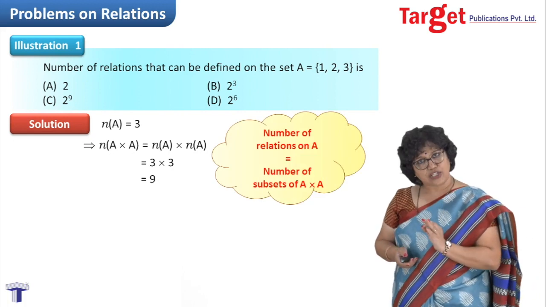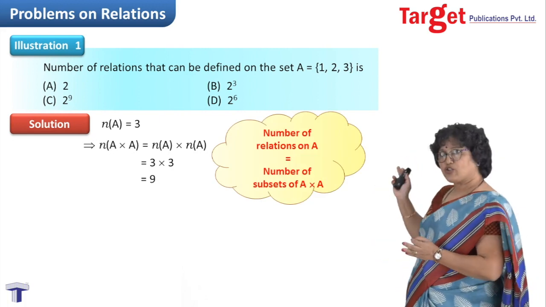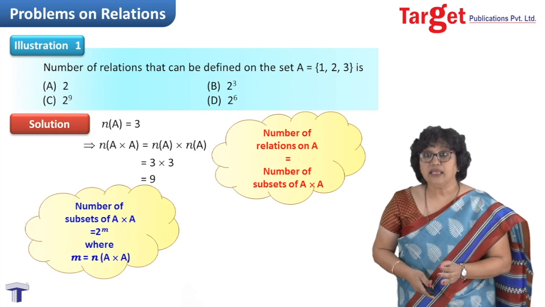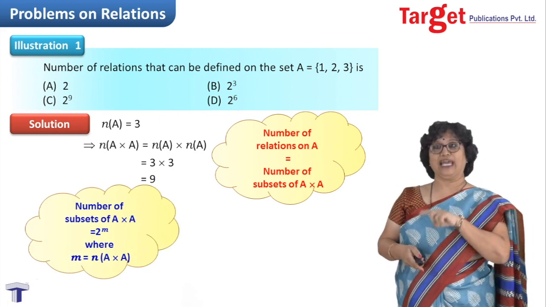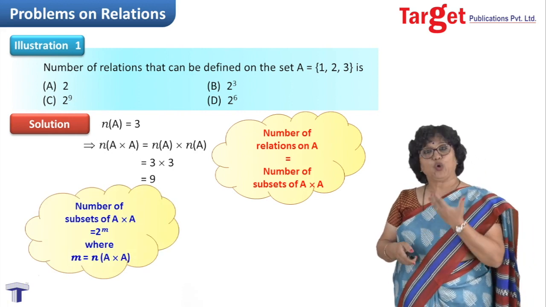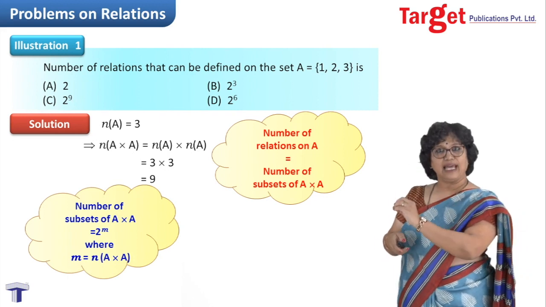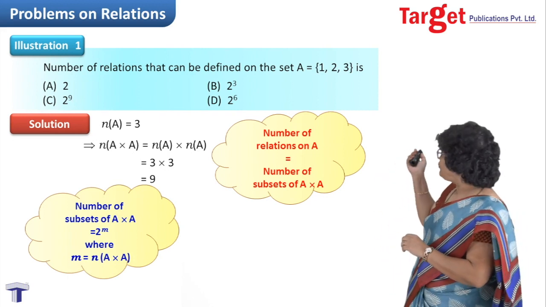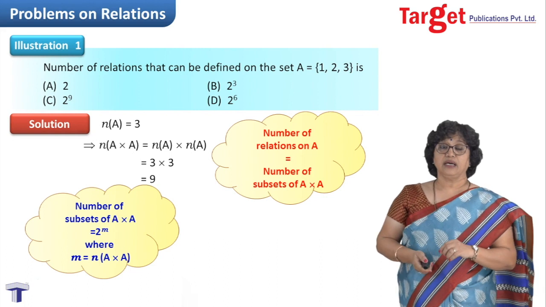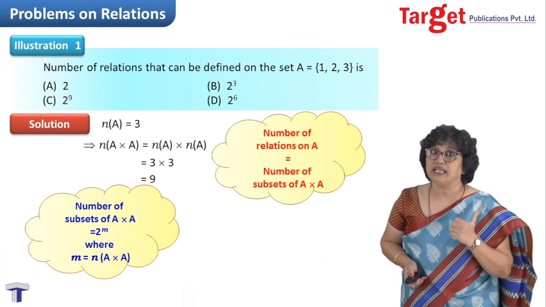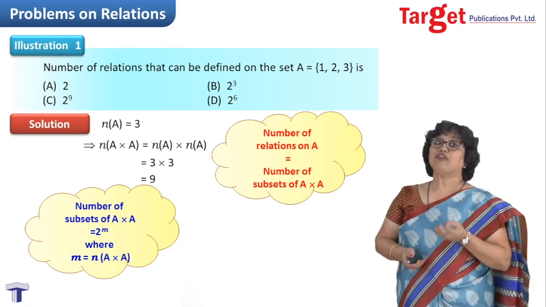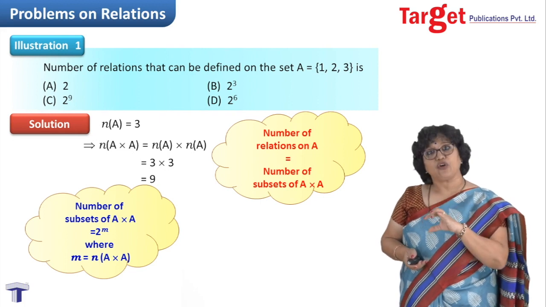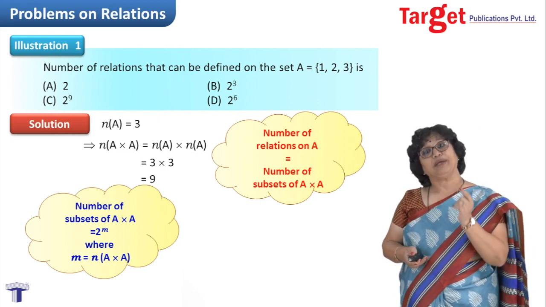So the number of relations on A is the number of subsets of A cross A. Then the number of subsets of A cross A should be 2 raised to M, where M stands for the number of elements of A cross A. This we have done in our previous sessions: if P is the number of elements of a set, then 2 raised to P would be the number of subsets.